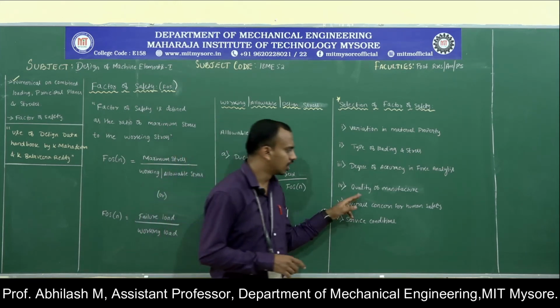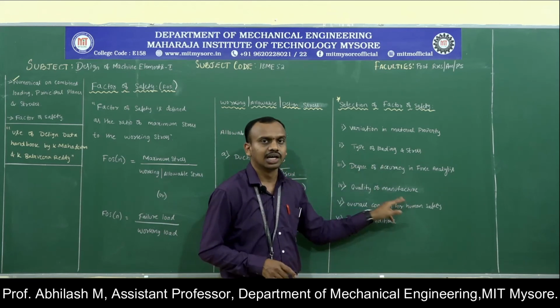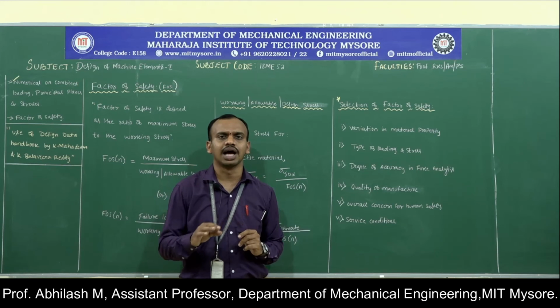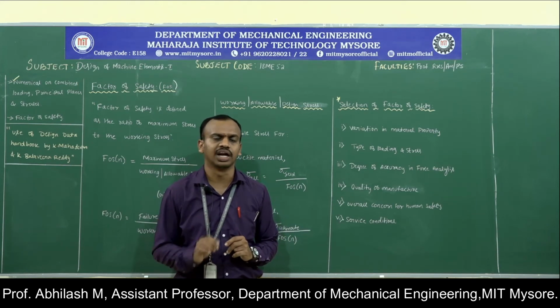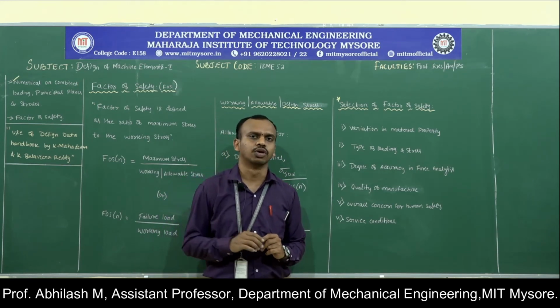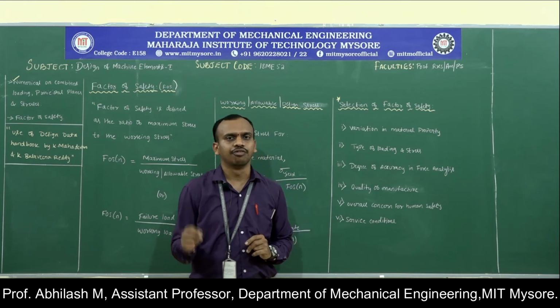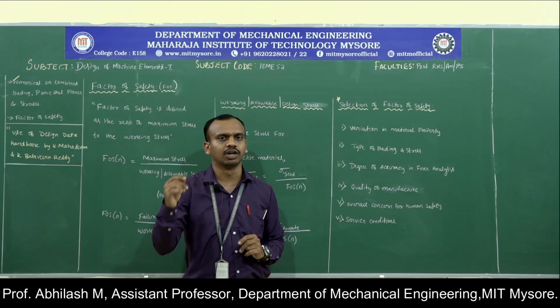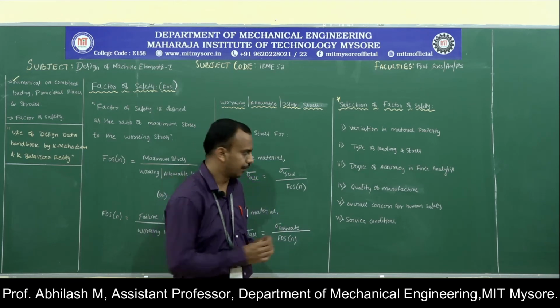So depending upon the quality of manufacture, the factor of safety value relies. If it is perfectly accurate while manufacturing a component, then the factor of safety value could be lesser in value. If it is not accurate, then the factor of safety value should be higher in nature.